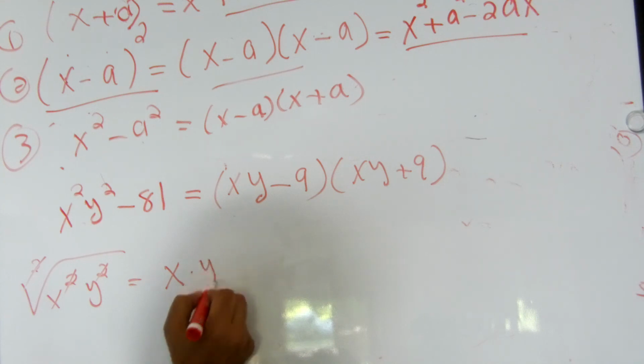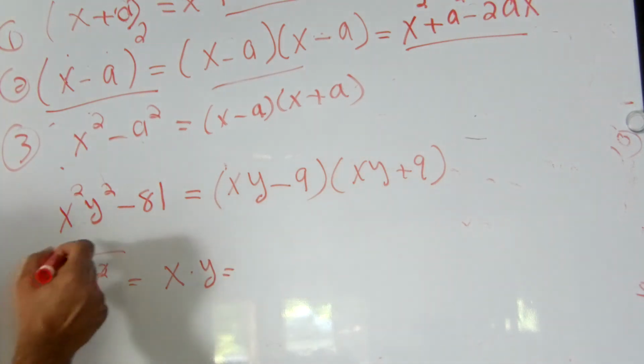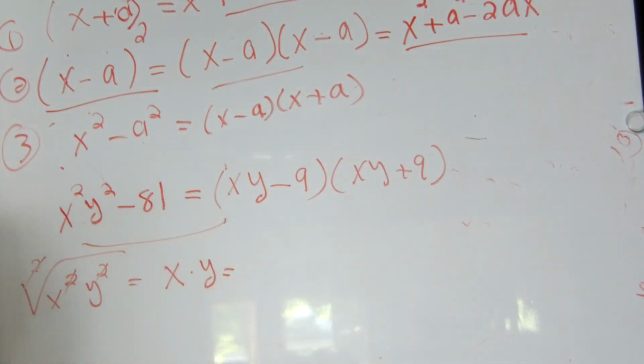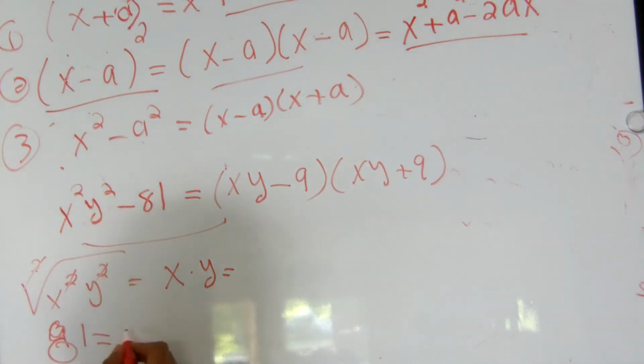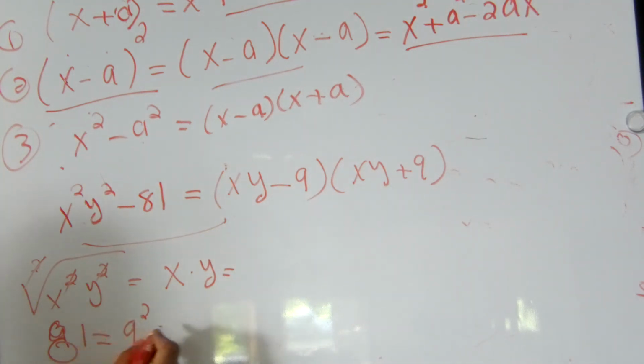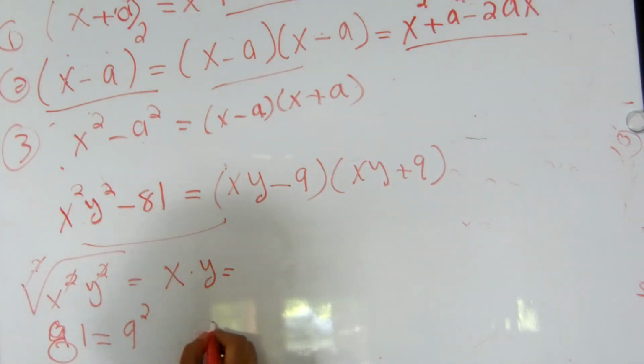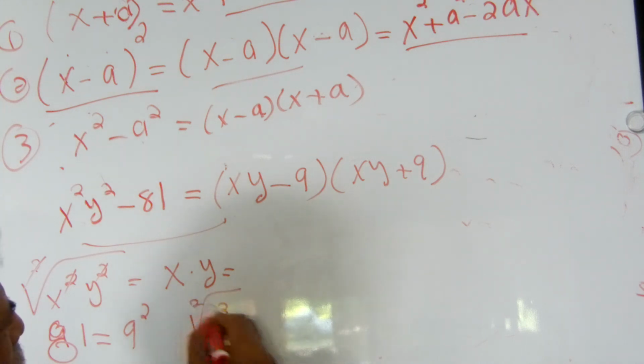It's going to be xy. And 81 is equal to what? 9 to the power of 2. And the square root of that is going to be 9.